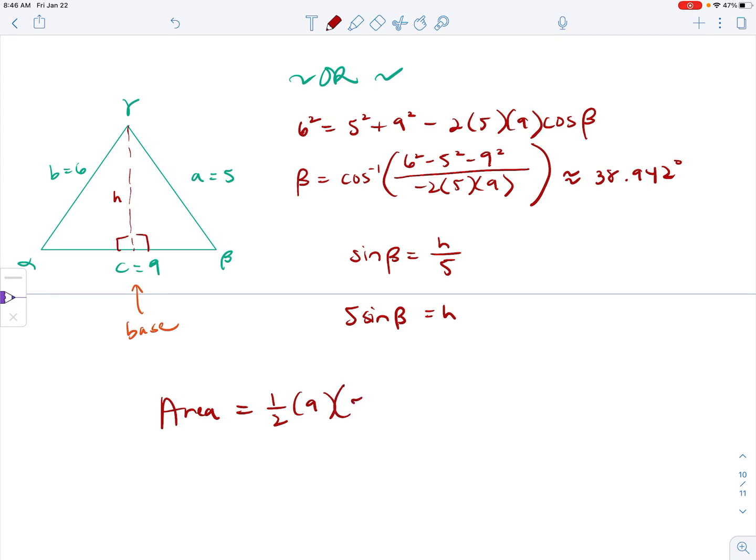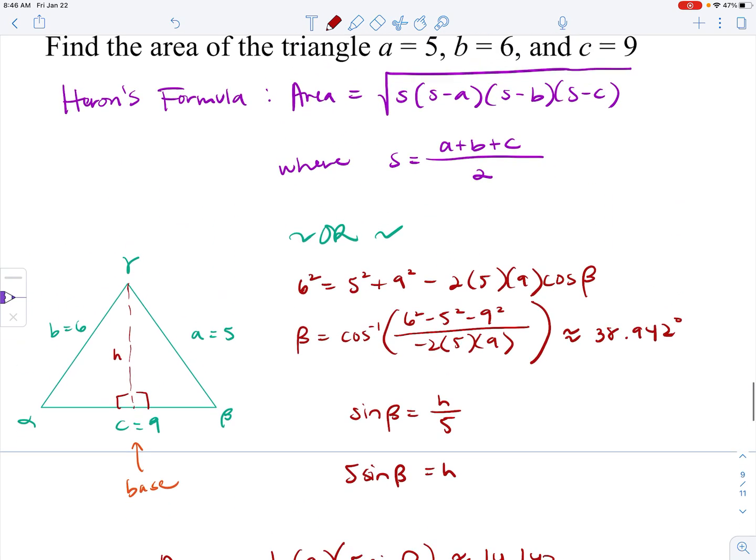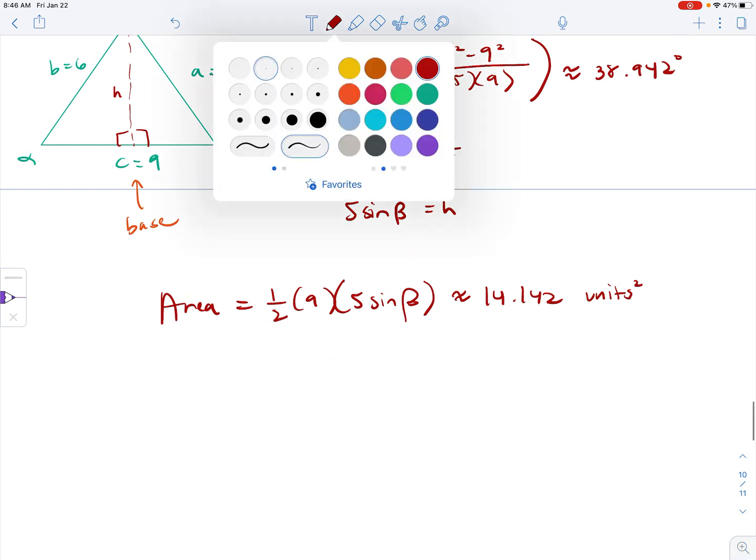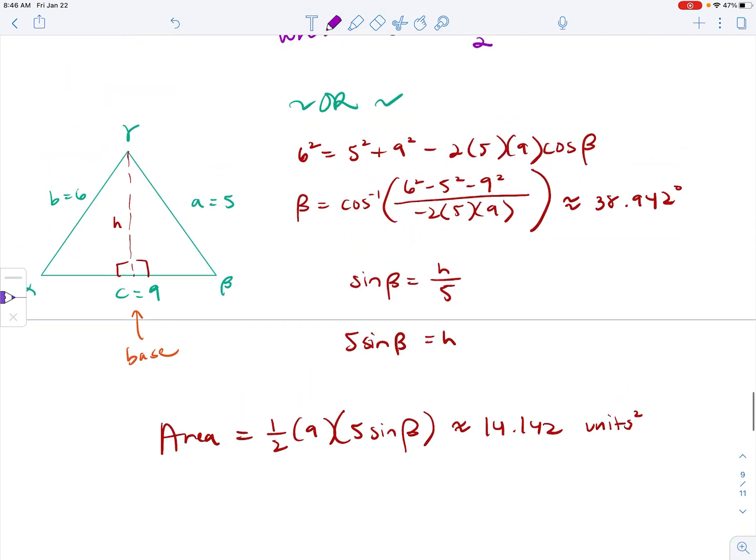So area would be equal to 1/2 times the base times 5 sine of beta, and you should have beta stored in your calculator. And when you type that in, you get approximately 14.142. There are no units on this, so units squared.